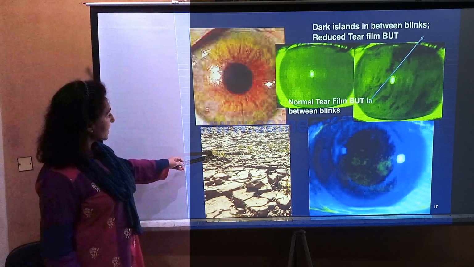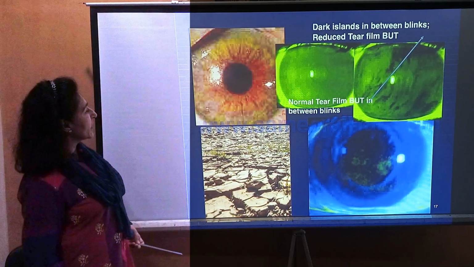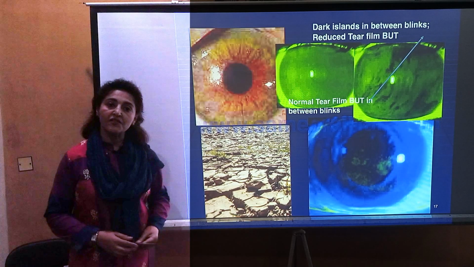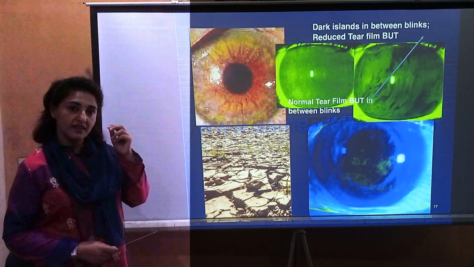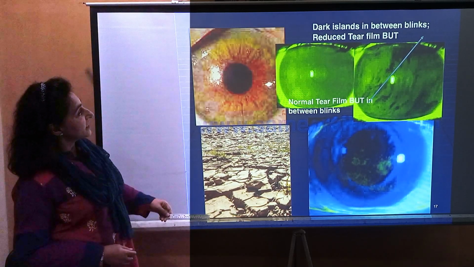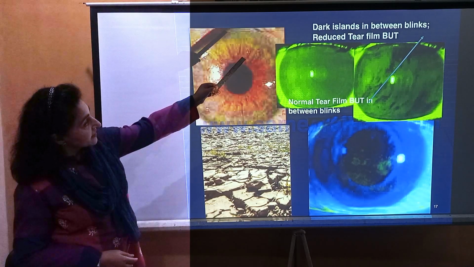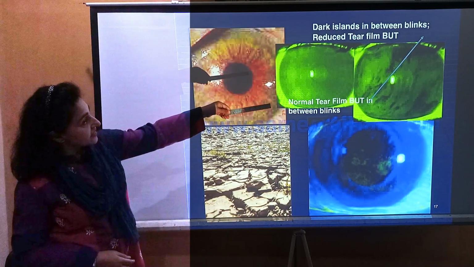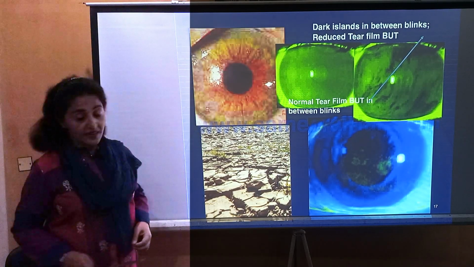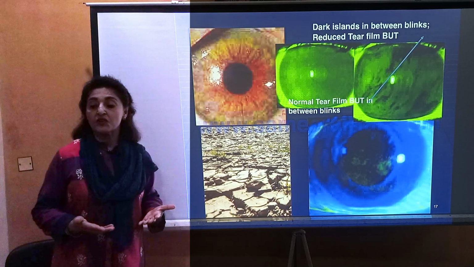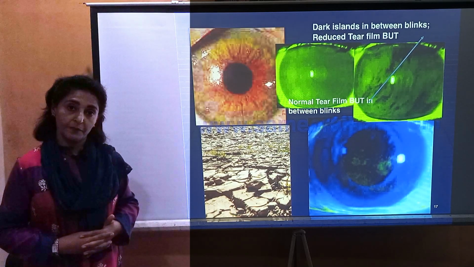Cracks appear, the cornea becomes dry and lustreless, and if you put a drop of fluorescein in the eye, the fluorescein breaks up and there are dark islands in between blinks, and this is detected as the reduced tear film breakup time.